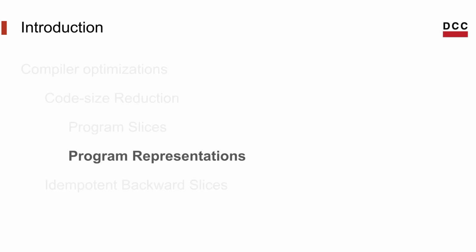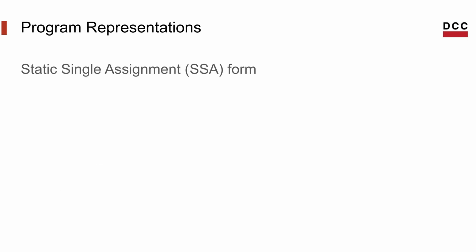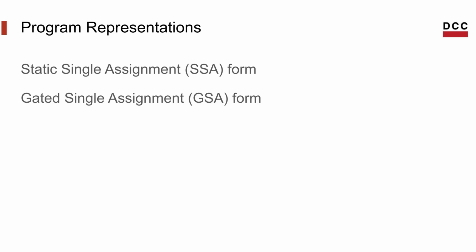To compute program slices, we leveraged two program representations. The first one is the classic static single assignment form. The second one is the gated single assignment form, which is an extension of the first one.